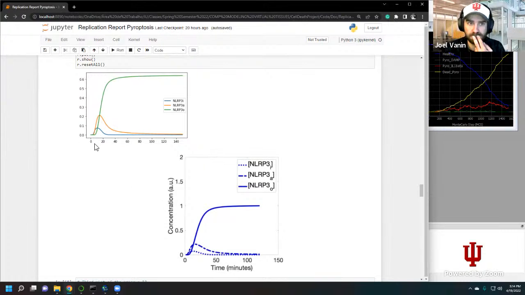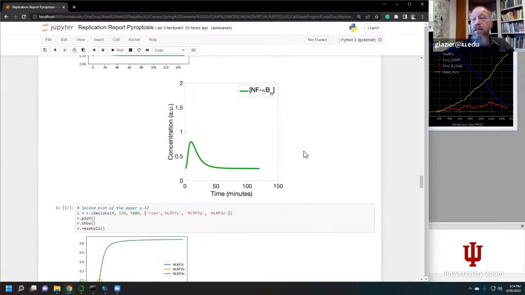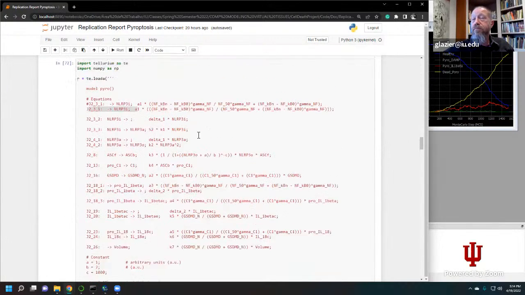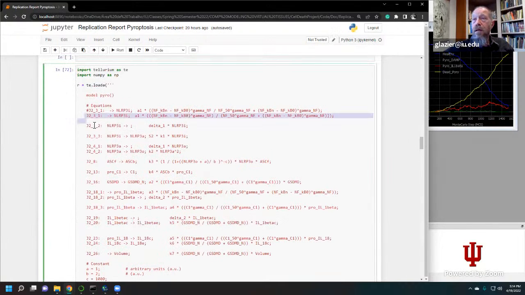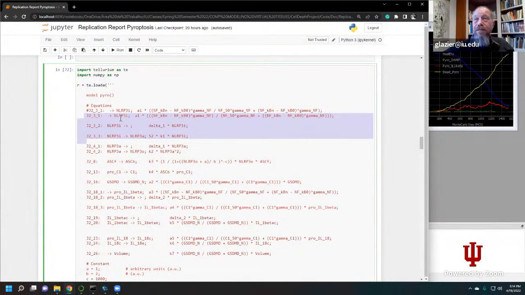Okay, so let's look at this. I don't want to spend too much time on this, but let's do this anyway. Let's look at your equation for NLRP3. Which one is which?